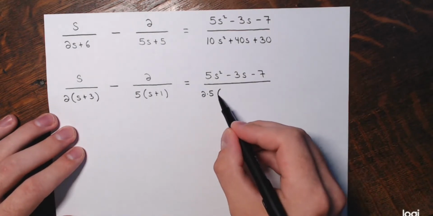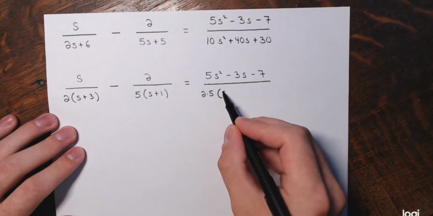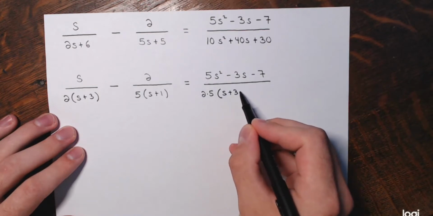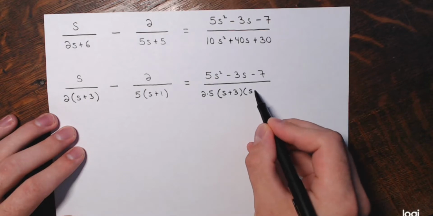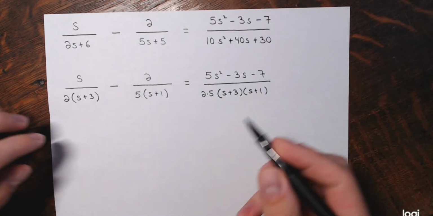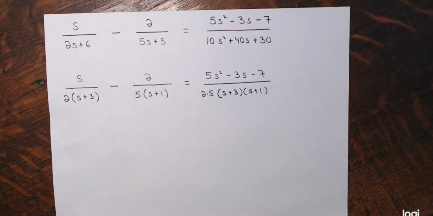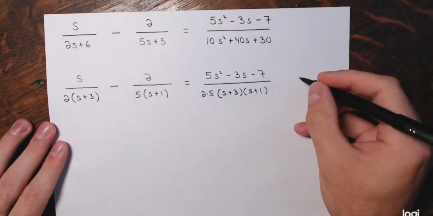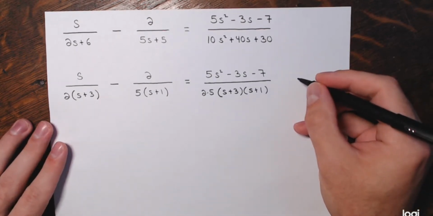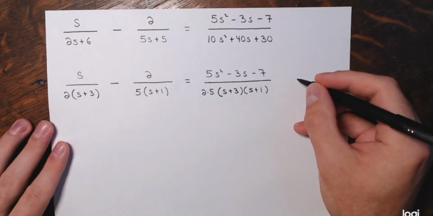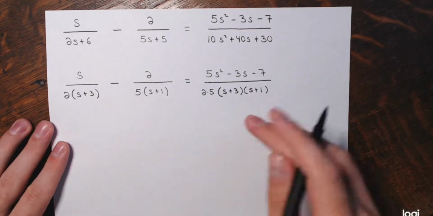And s squared plus 4s plus 3 would factor to s plus 3 times s plus 1. So I'm hoping now that all the denominators are factored, finding the LCD will be easy. I've done LCD in videos before, and I'm assuming you know how to find the LCD. I'm not going to go through a long process to do that.